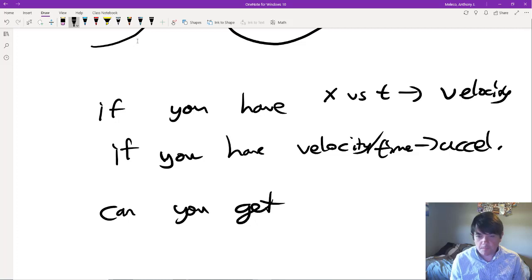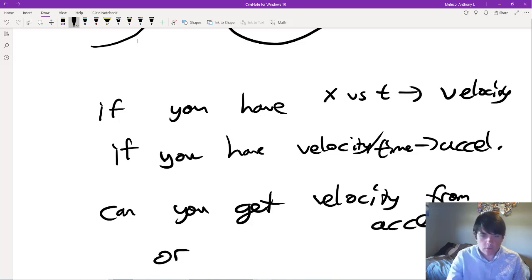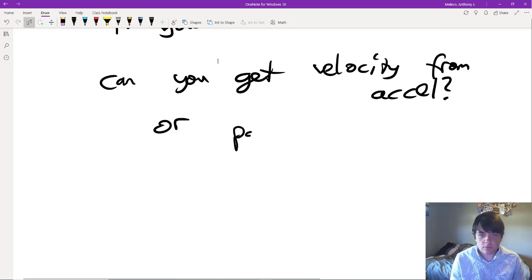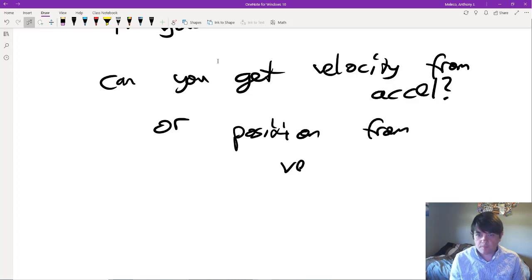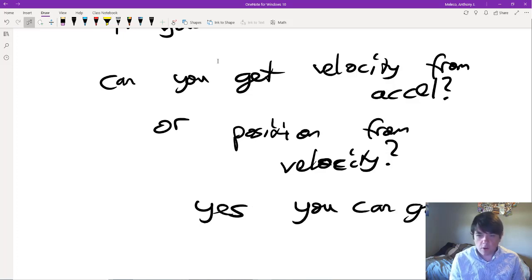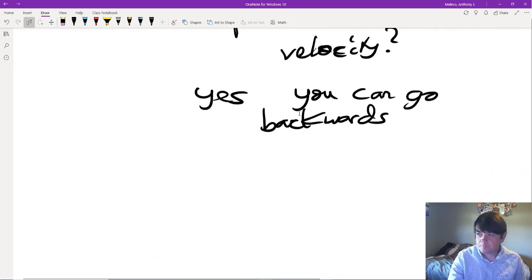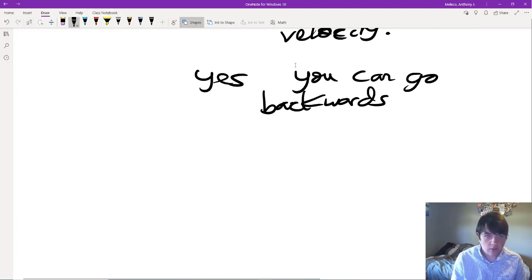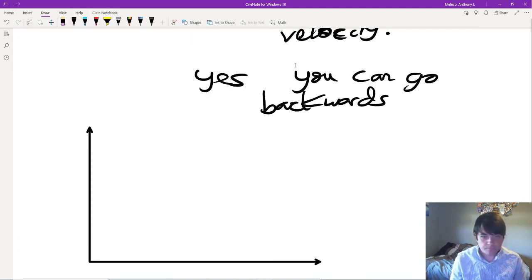Can you get velocity from acceleration or position from velocity? And the answer is yes. You can go backwards. So let me show you how that works. So here's a, this is going to be a velocity.